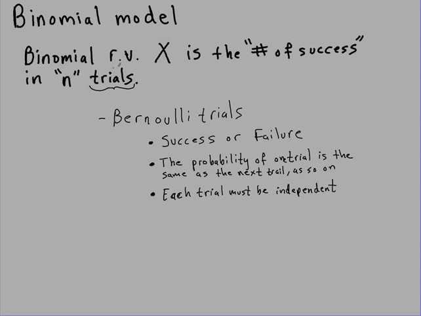So to be a binomial random variable, it has to follow these three things. And there's one more thing it has to follow: the number of trials must be finite.